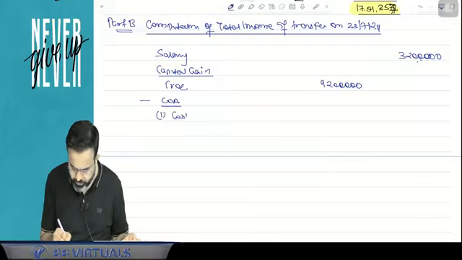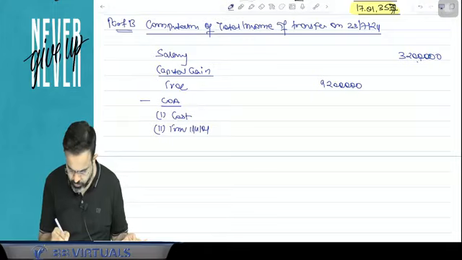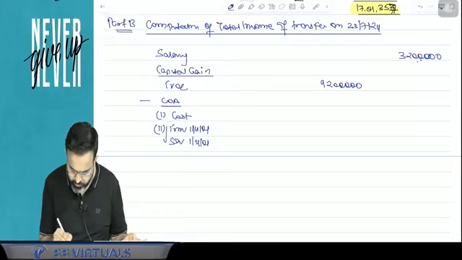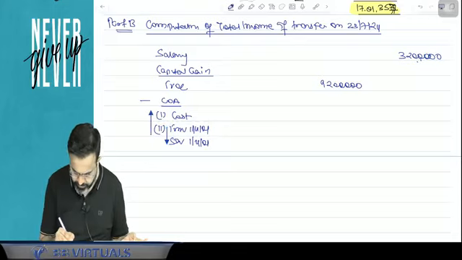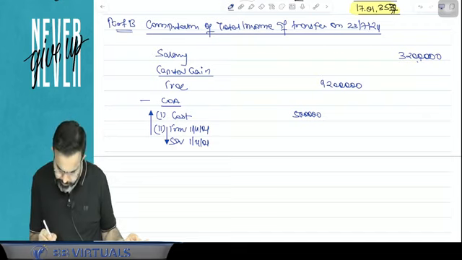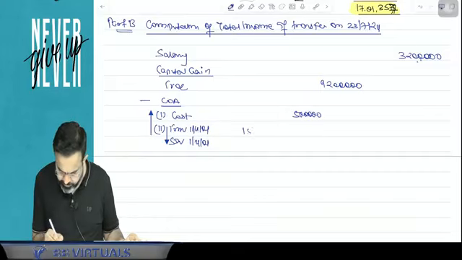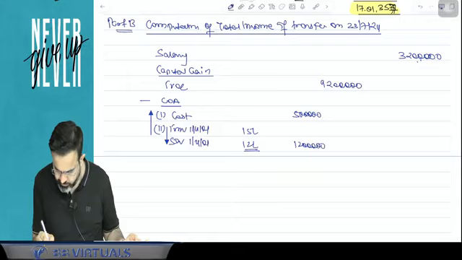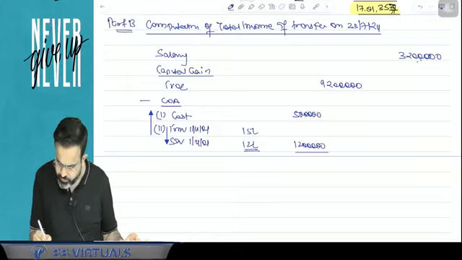You will take the original cost or FMV as on 1/4/2001 or SDV as on 1/4/2001, whichever is lower, and here whichever is higher. So your cost is 5 lakh and here it is 15 lakh and 12 lakh. So here it comes to 12 lakh.